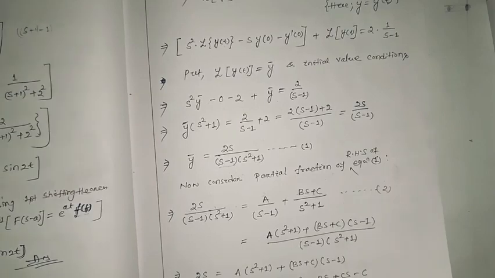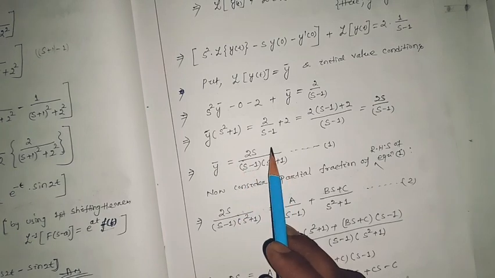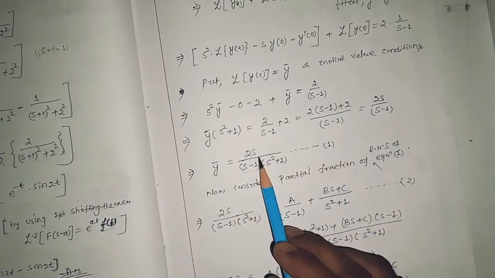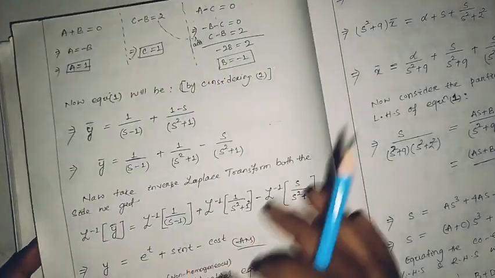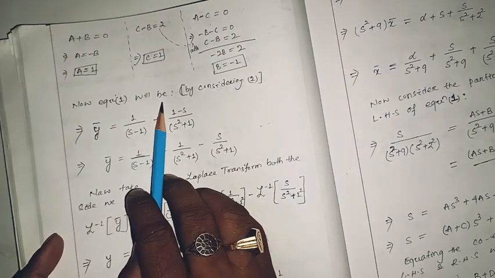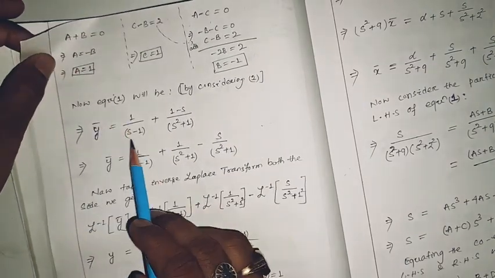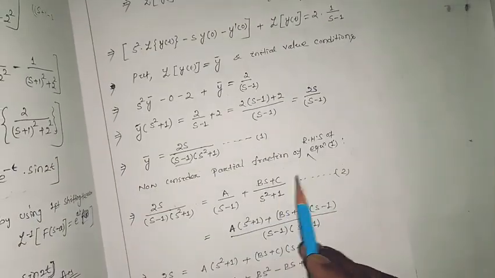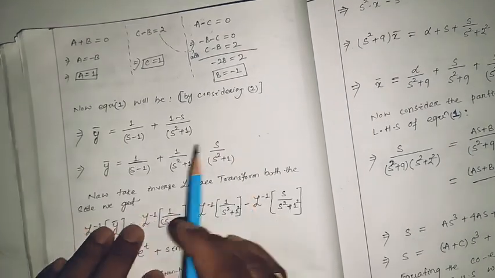This one is nothing but y bar, and this is equation number 2, and equation number 1 is also y bar equal to this one. Now equation number 1, by considering equation number 2, y bar will be equal to A, meaning 1 by s minus 1, plus Bs plus C. Here B is minus 1 and C is 1. So obviously this will be 1 minus s by s squared plus 1.